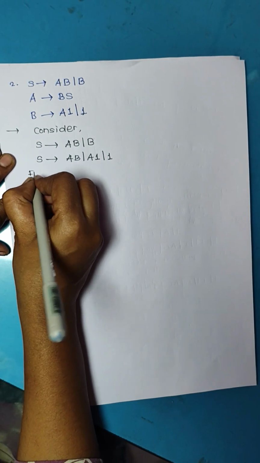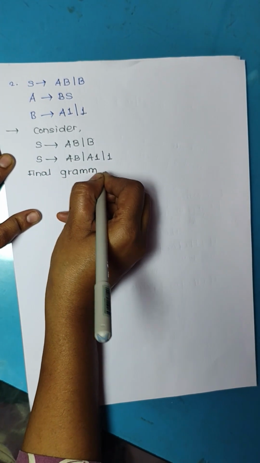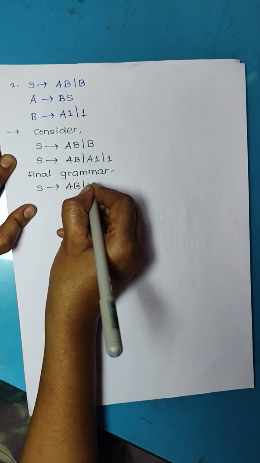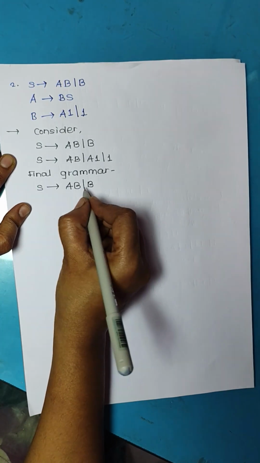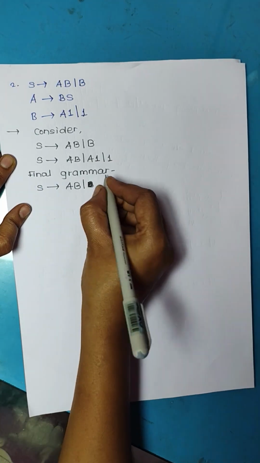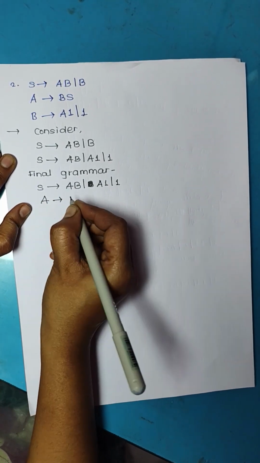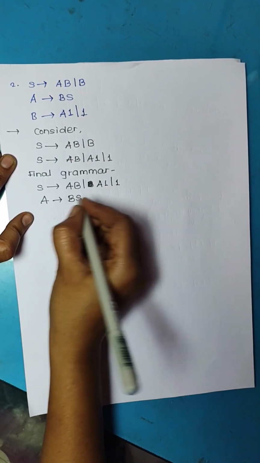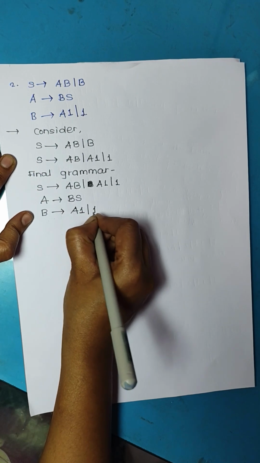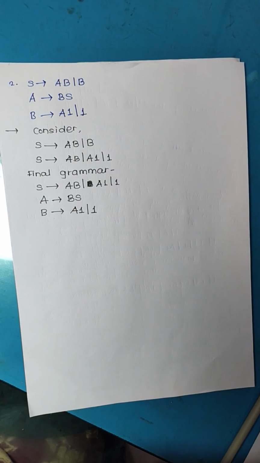So the final grammar after eliminating the unit production is S gives AB or A1 or 1. The production of A does not contain any unit production, so keep it as it is. B also does not contain any unit production, so keep it as it is.